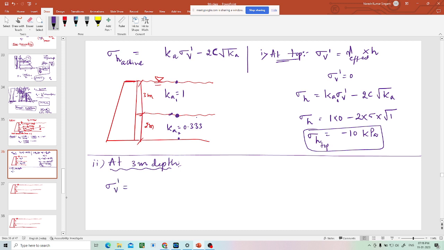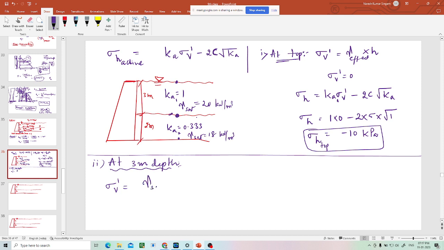Gamma sat has been given: it is 20 here and 18 here, in kilonewton per meter cube. So what is the value at 3 meter for sigma v dash?